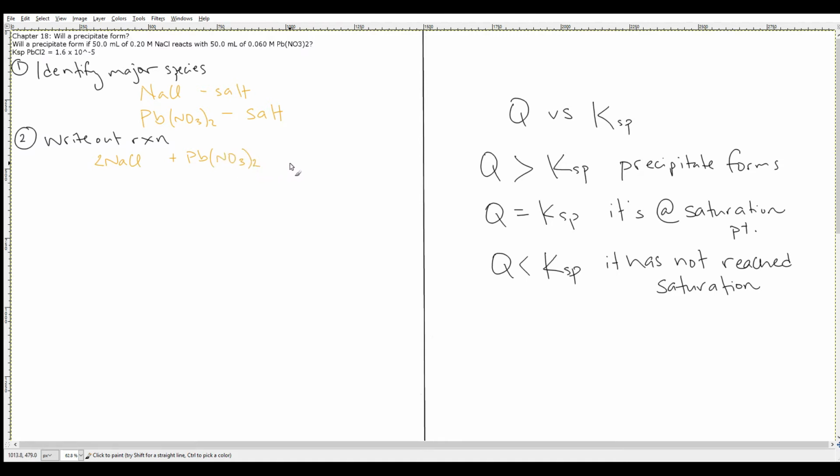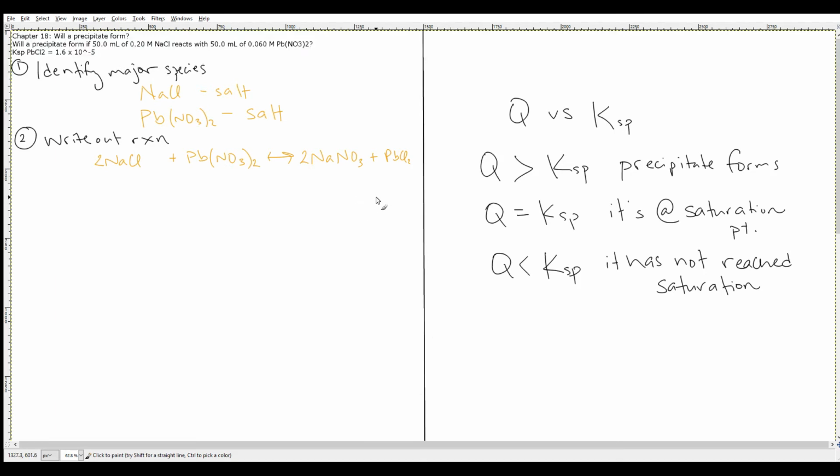These two get added together and they form 2NaNO3 and lead chloride. And if you wanted to use a double arrow here, that'd be fine. We are dealing with KSP, which allows us to use double arrows.